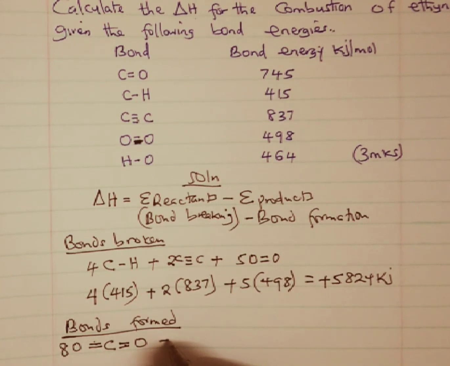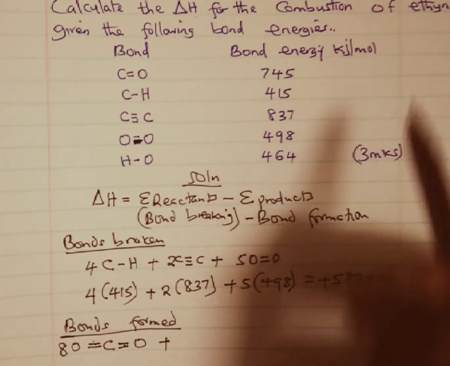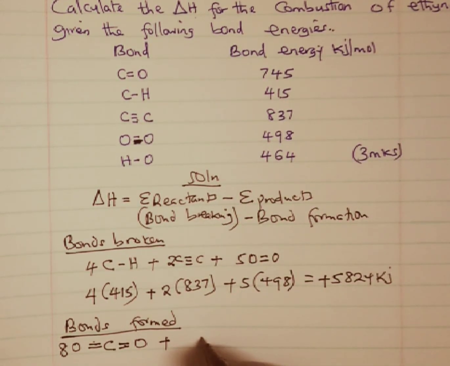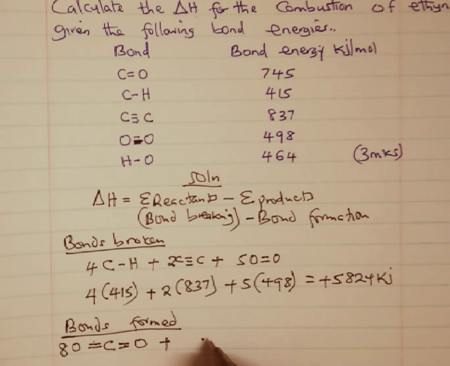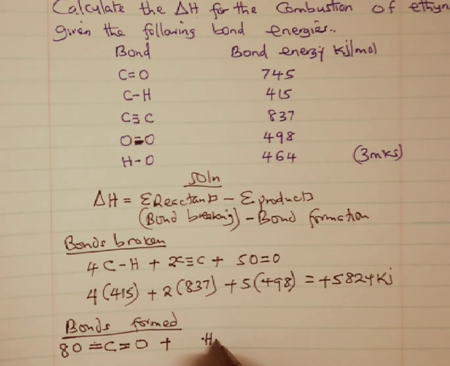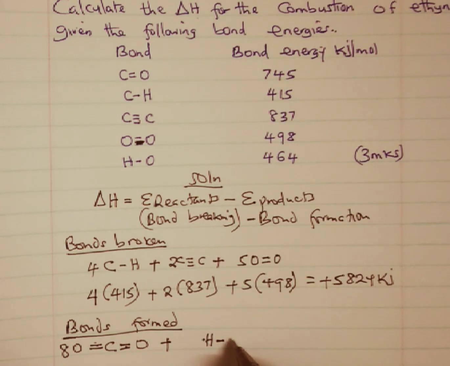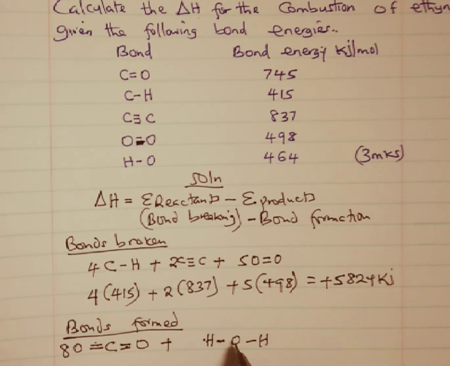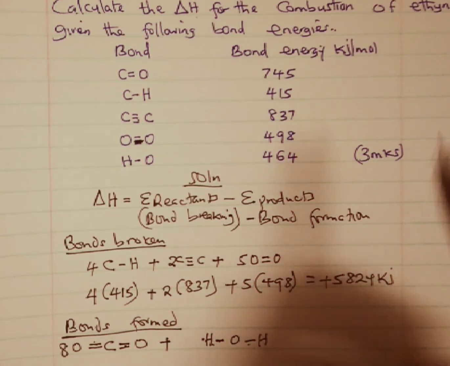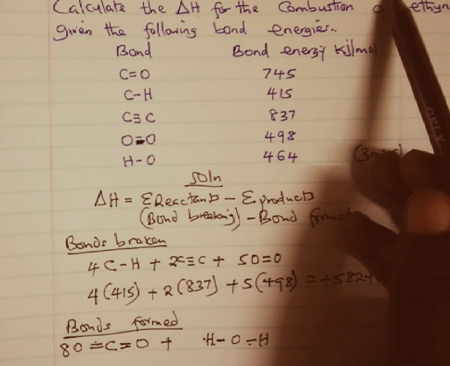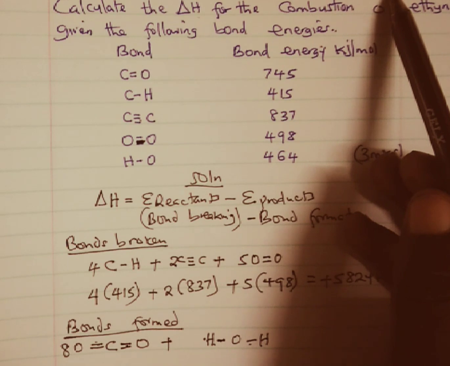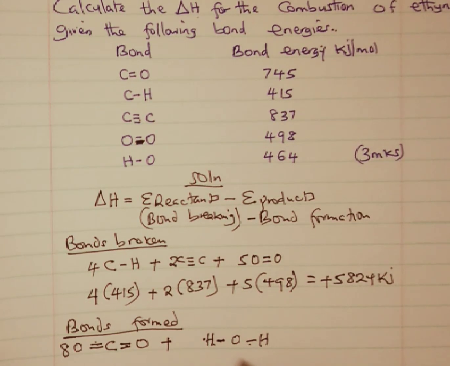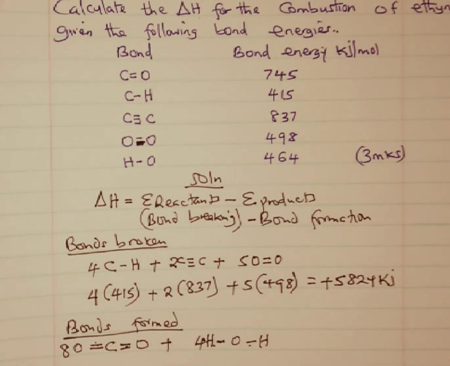Then plus we have hydrogen here. This is water, therefore we have oxygen and hydrogen. We have 2 oxygen-hydrogen bonds times a total of 2, and therefore we are going to have 4 of them.